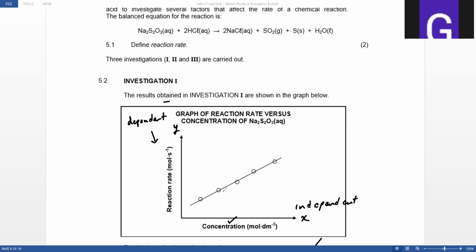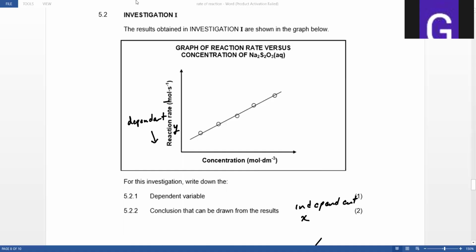By looking at the graph, when the concentration increases, the rate of reaction becomes higher. So there's a direct proportion here. When you're comparing concentration and rate of reaction, they will be directly proportional.